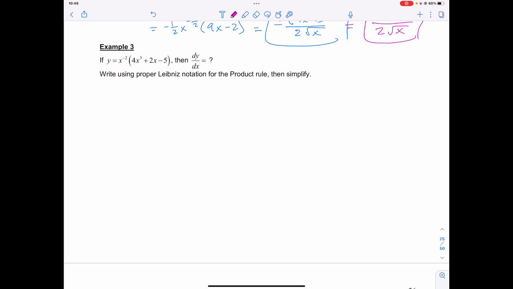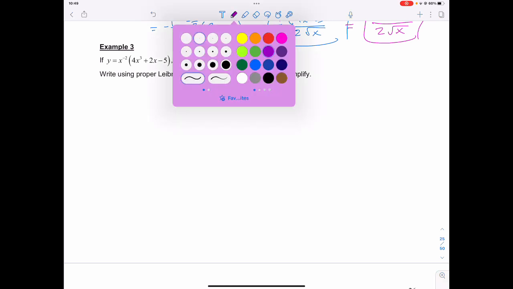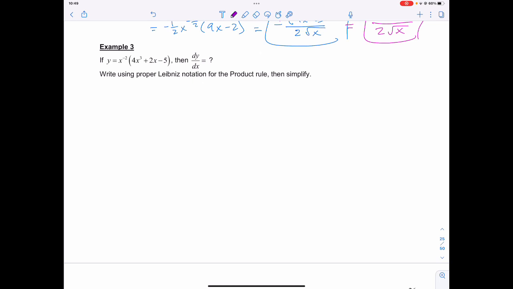So we're going to write using proper Leibniz notation for the product rule, and then we are going to simplify. So what do we know about this? We know that we're going to have dy over dx is going to equal the first factor, x to the negative 2, times d over dx of the second factor, 4x cubed plus 2x minus 5.